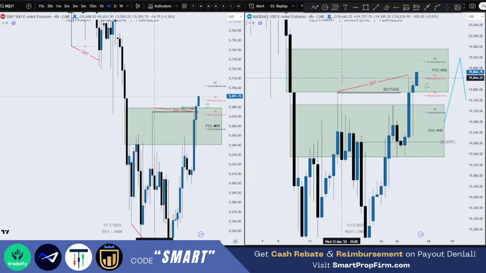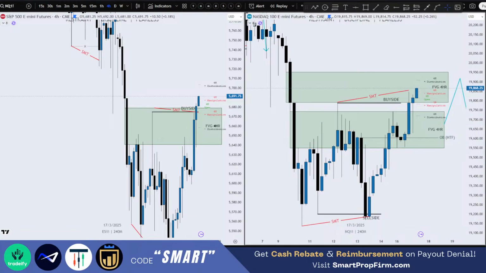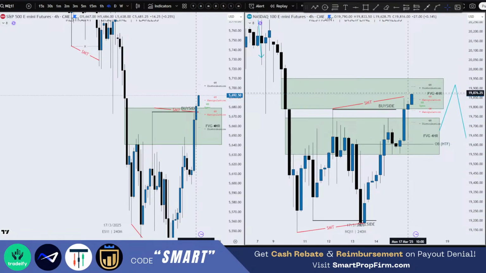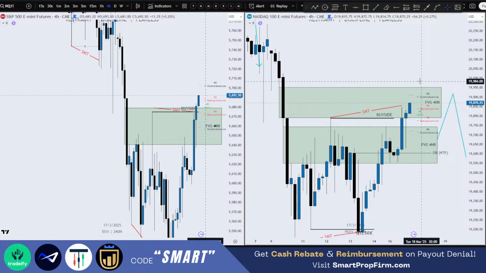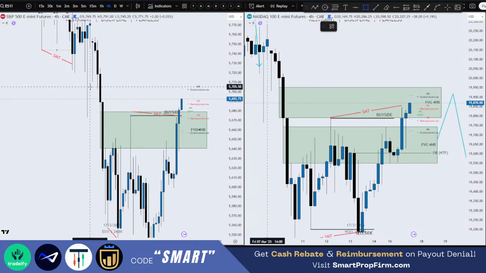I mean, let's see the next target here. Let's see. It's just a big 4-hour gap, which we really have no resistance to go by here. We should fill all the way here.